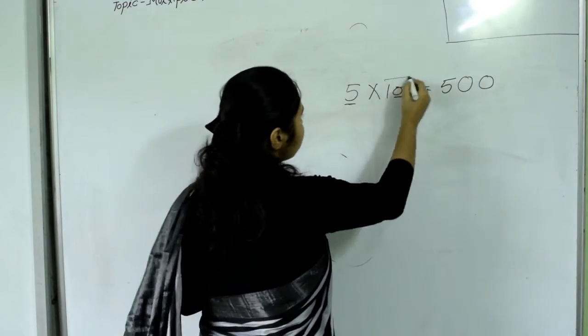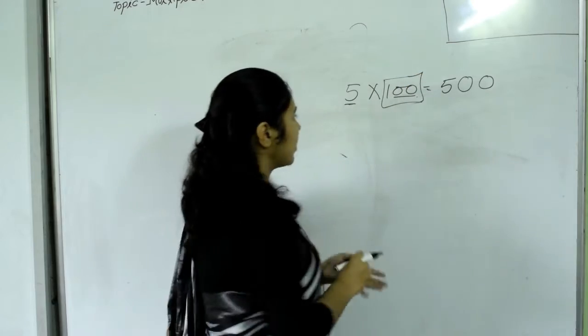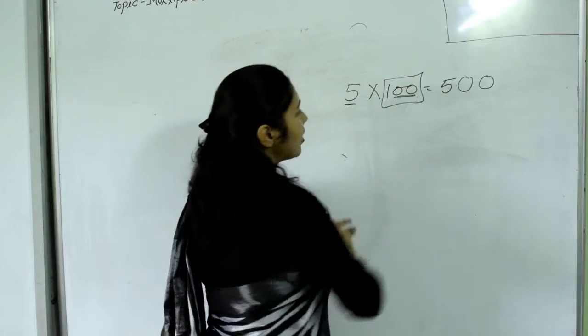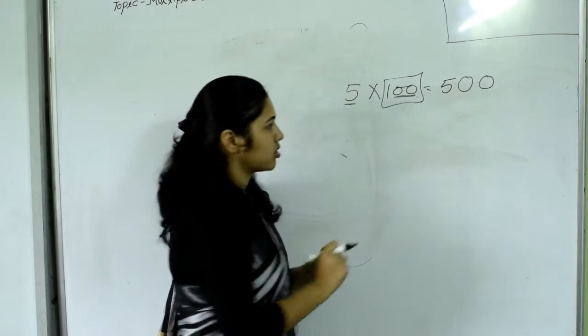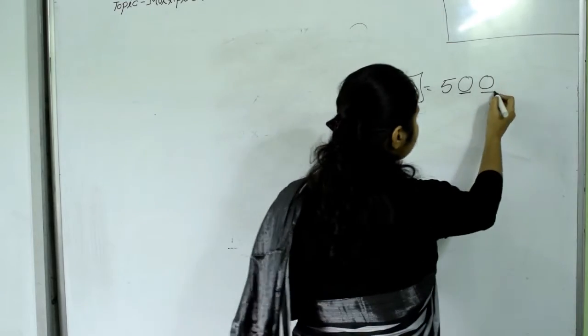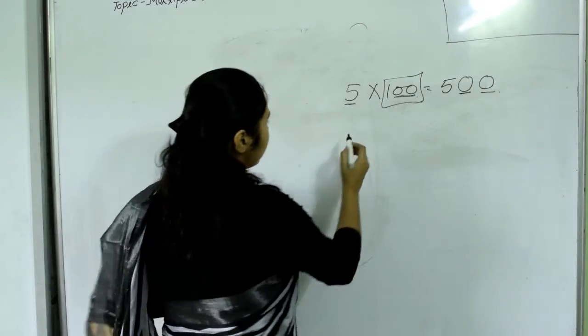Okay? Because look at the multiplier here, 100 is our multiplier, right? 100, 1 is followed by 2 zeros. That's why 1 0 in tens place and 1 0 in ones place.